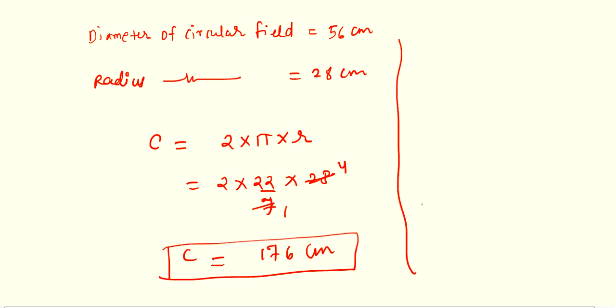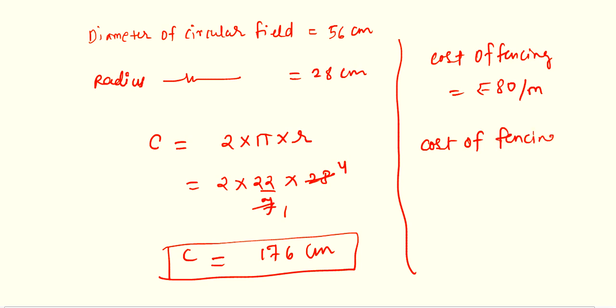Now the cost of fencing is what we have to find. The cost is given as rupees 80 per meter. So simply, cost of fencing equals the circumference, which is 176, into cost per meter, which is 80.